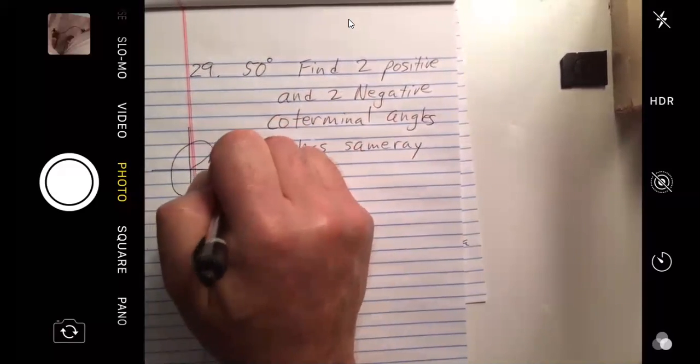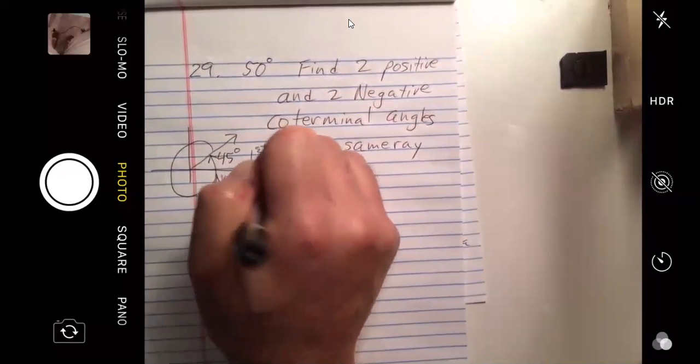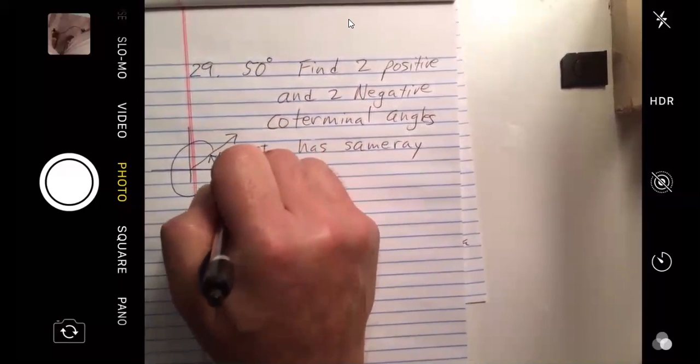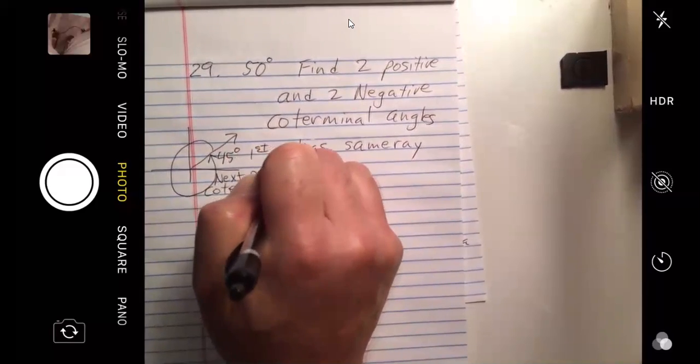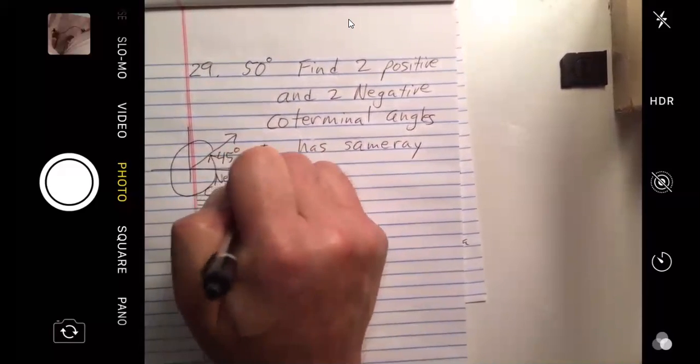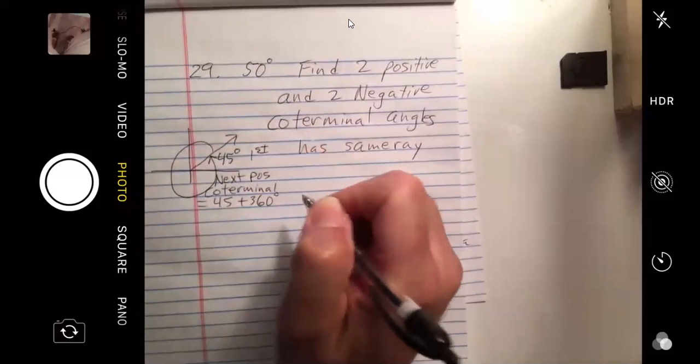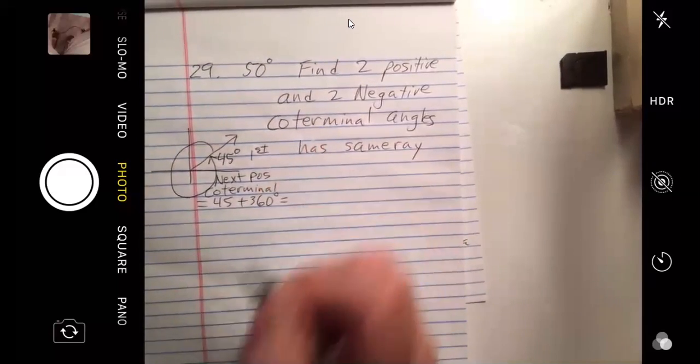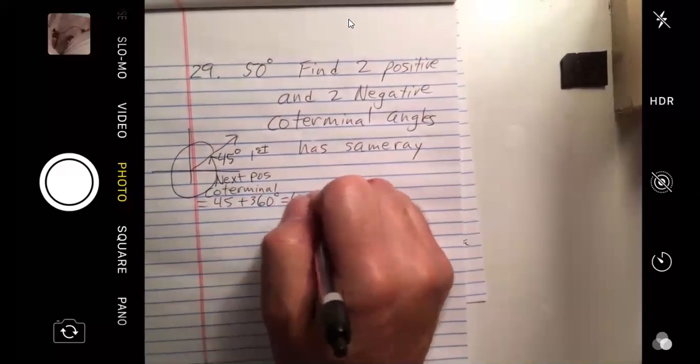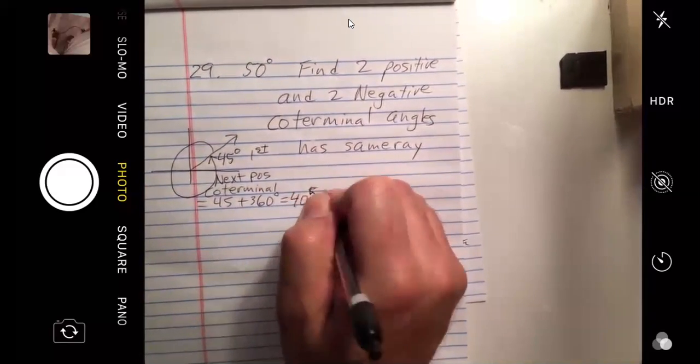The next positive coterminal would be 45, and you'd add 360 because you've completed an entire circle getting back. 45 and 360 is 405 degrees.